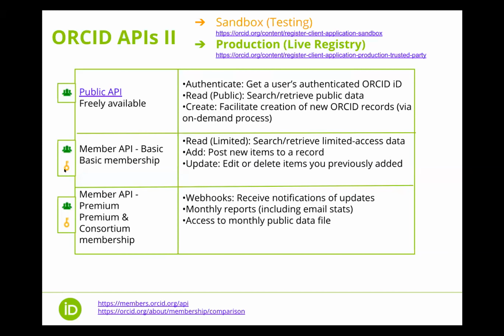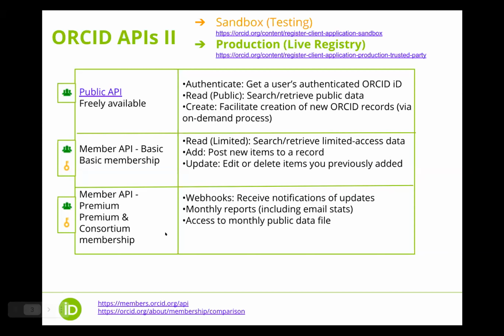So with the member API, you can obtain an ID, read or import public information, and read or import information marked as trusted parties. And you can also write information to an ORCID record, and you can edit or delete the items you have written with your member API credentials.